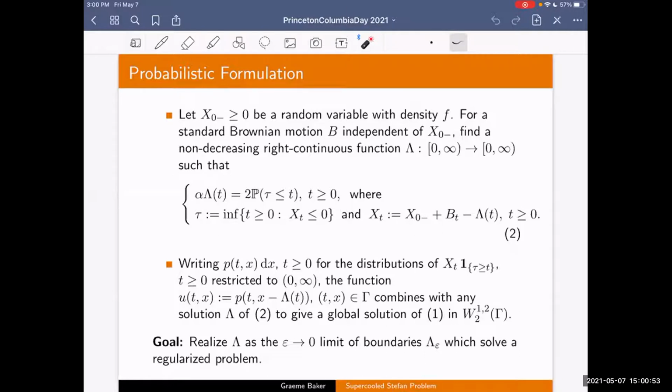And there's also a particular physical condition that we can impose that will give us uniqueness as well. For today, what we're going to look at is connecting up these boundaries lambda from this probabilistic formulation to boundaries lambda epsilon, which come from a regularized PDE. And so these solve a classical PDE.